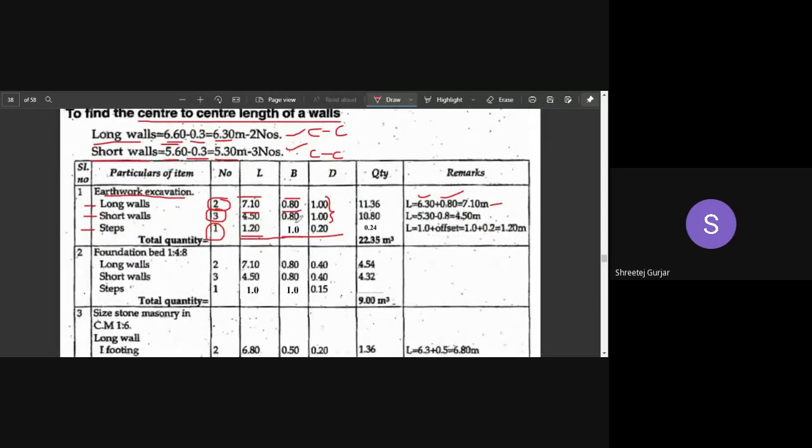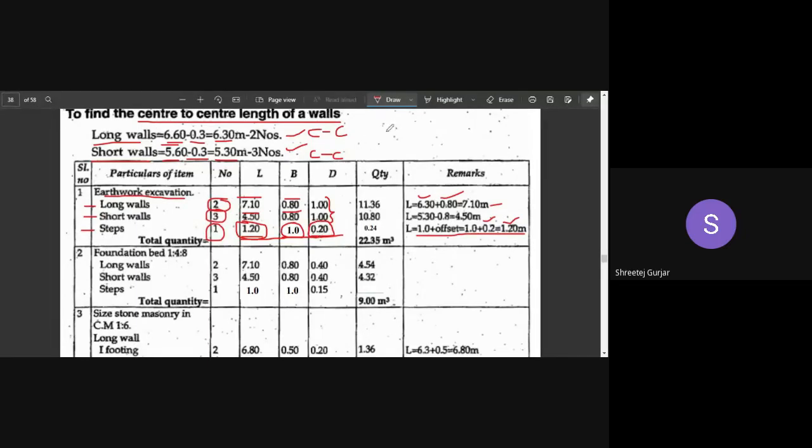Okay, so 1 meter, I've shown you 1 meter, and then this is 1.2. So 1.2 by considering certain offsets on both the sides: 1 meter plus 0.1 on one side and plus 0.1 on the other side. So consider length as 1.2, width as 1 meter, and depth as 0.2.